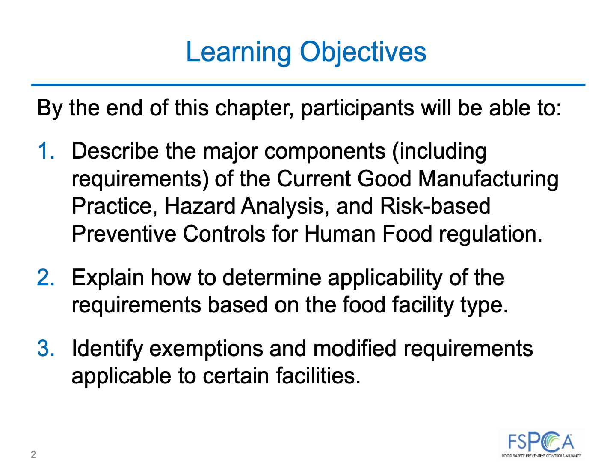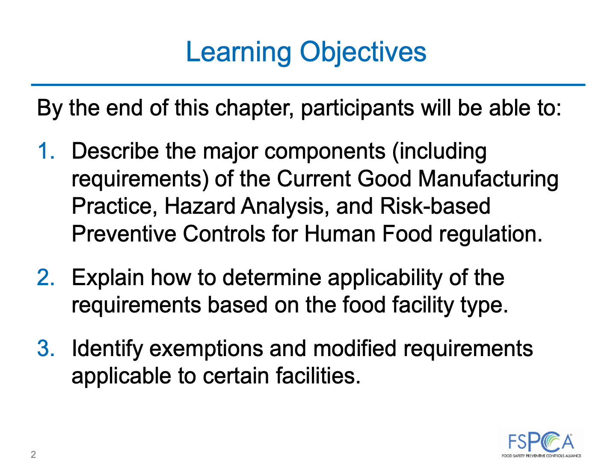The specific provisions and regulatory citations for the regulatory requirements are included here in an overview of the regulation. If the facility has specific questions on interpretation, they can use the FDA's Food Safety Modernization Act, FSMA Technical Assistance Network, which will be reviewed later in this chapter.